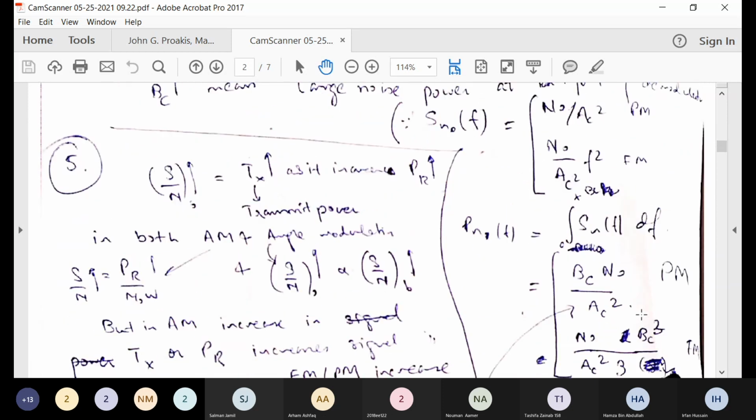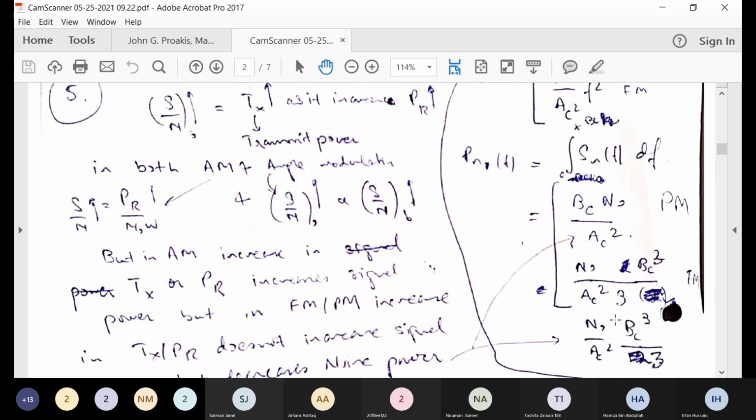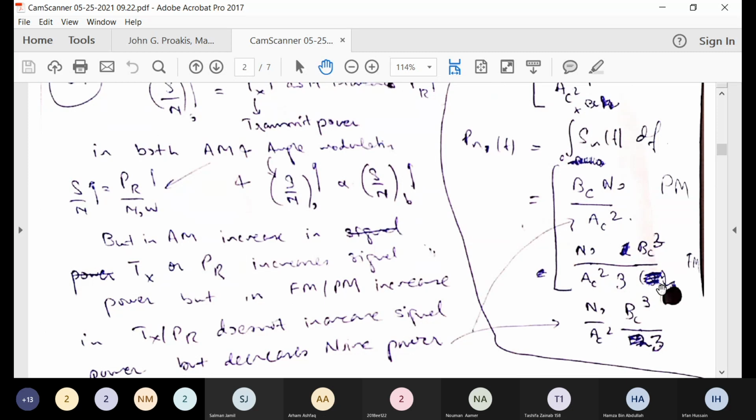But noise power is obtained by integrating these power spectral densities over the bandwidth BC. For PM, it comes out to be this into BC, and for FM, it comes out to be BC cube over this thing. So the greater the bandwidth, the more the noise power. As you increase your beta, your bandwidth increases, and your noise power increases.